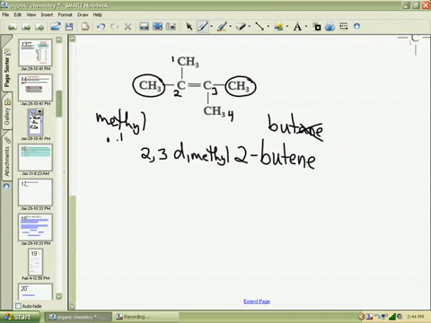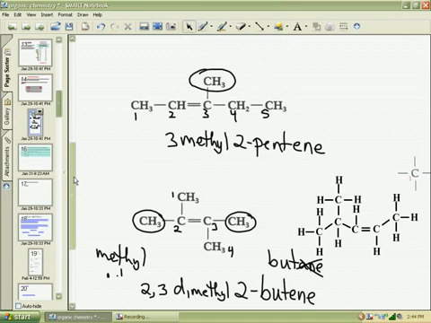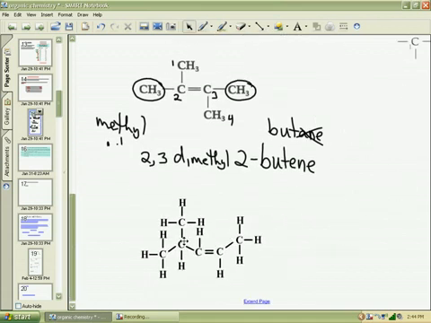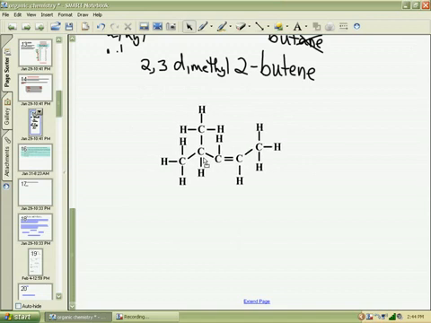Now the question I was specifically asked about is, if I can drag it down here where we can see it, would probably have looked something like this, although that is kind of messy. But if I was naming this guy, again, you start from the end where your carbon, the double bond, is closest. So we have a 1, 2, 3, 4, 5. So I see that it's a 5-carbon chain.